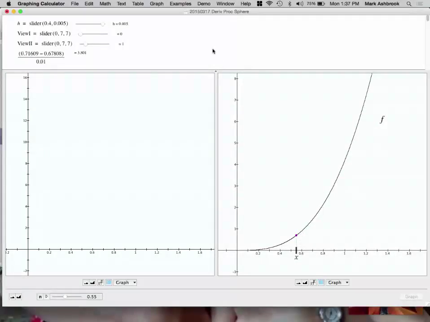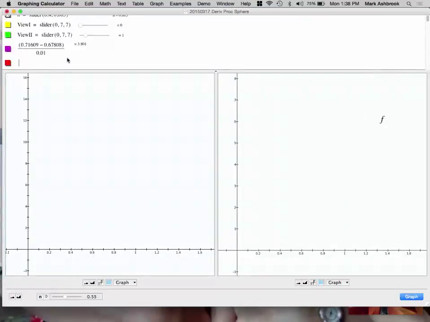So how does that give us any information about the rate of change graph? What can we do now in the rate of change graph given what we just calculated? It gives us a point, at x equals 0.55.